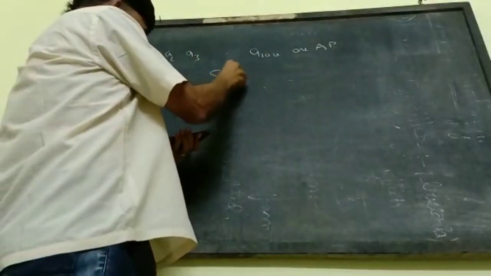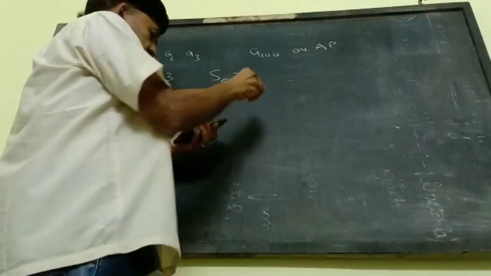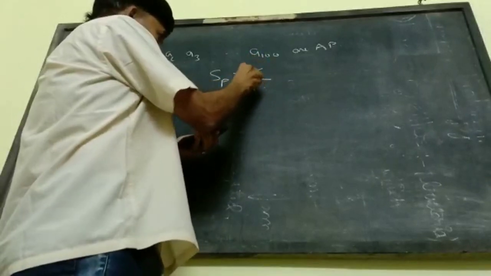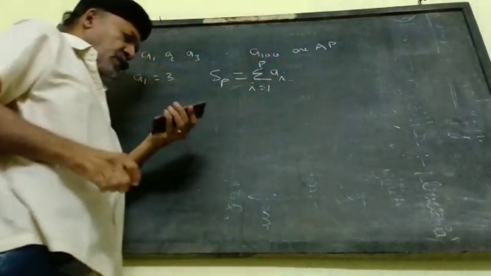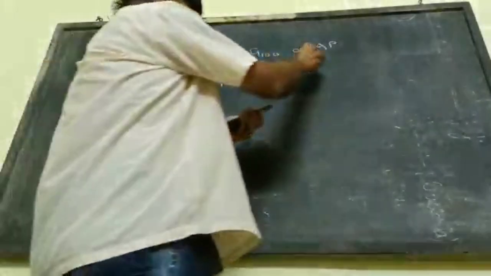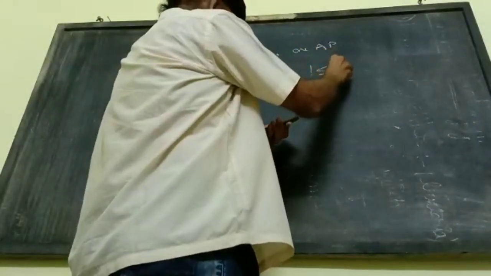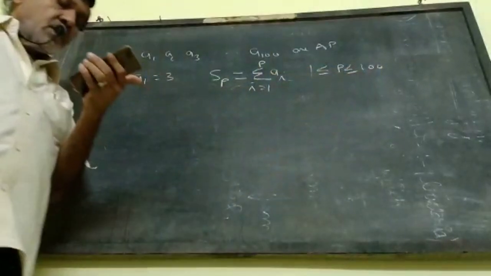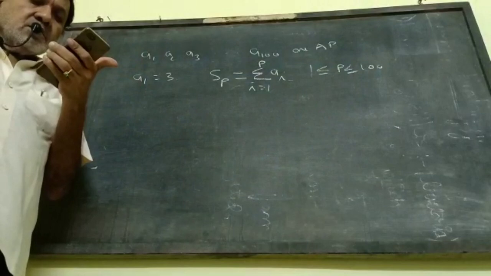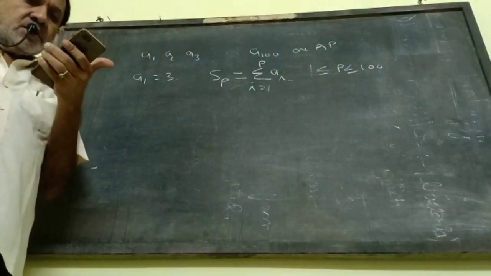SP is equal to sigma i equal to 1 to P of Ai, where 1 less than or equal to P less than or equal to 100. So SP is equal to the sum of the first P terms.